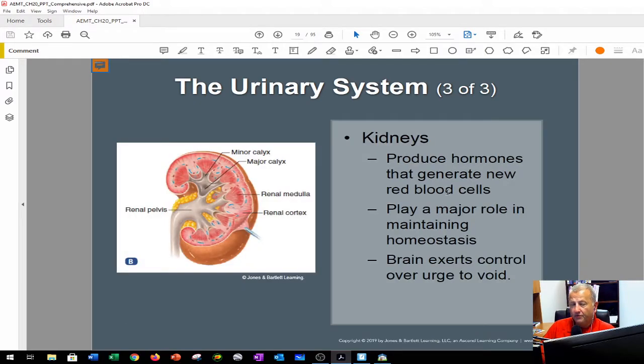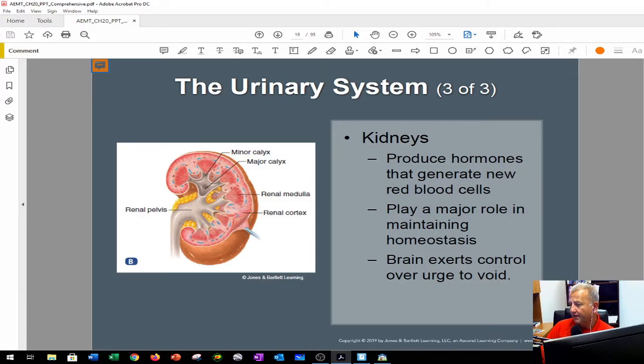Kidneys produce hormones to help in the regeneration of red blood cells. And we see here in this drawing on the left, the renal cortex, and that's where urine is made.